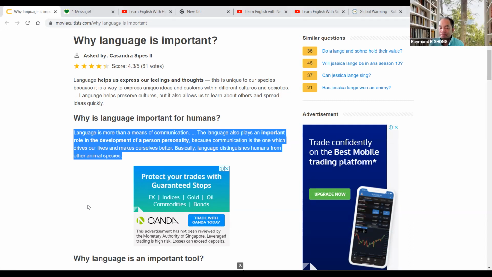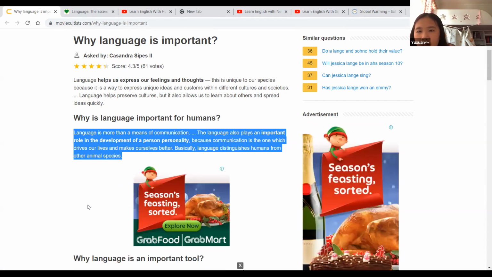Personality. Because communication is the one which drives our lives and makes ourselves better. Precisely, language distinguishes humans from other animals. Correct.